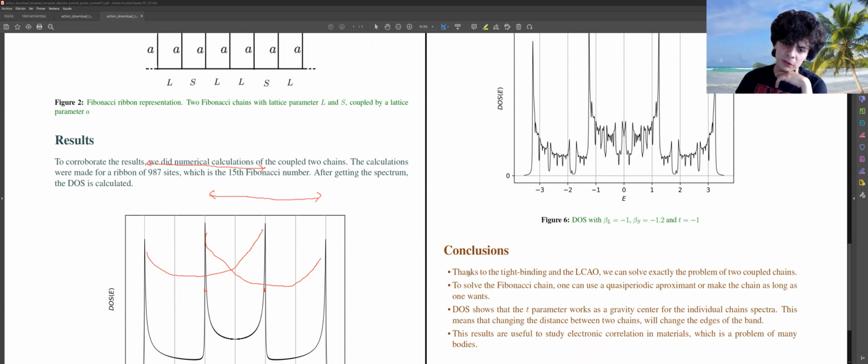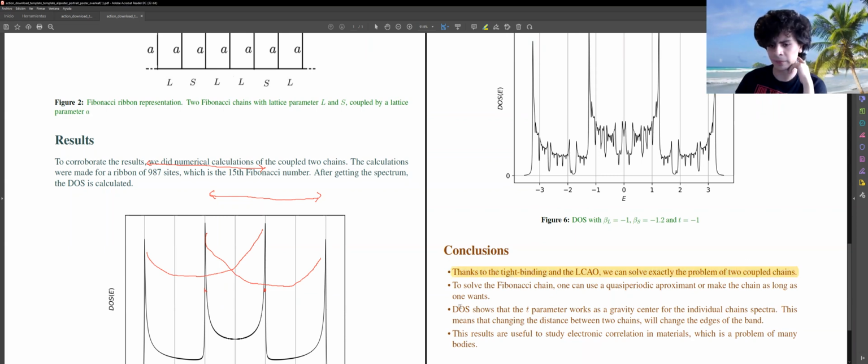In the Fibonacci situation, this is not so far from the periodic case. To solve the Fibonacci chain, one can use a quasi-periodic approximant or make the chain as long as one wants, and we will not see a lot of difference from the periodic situation.